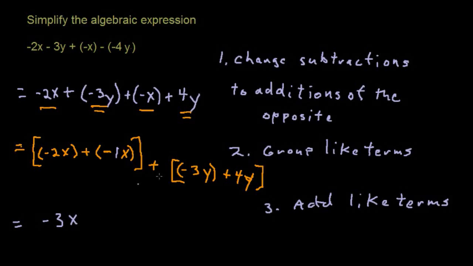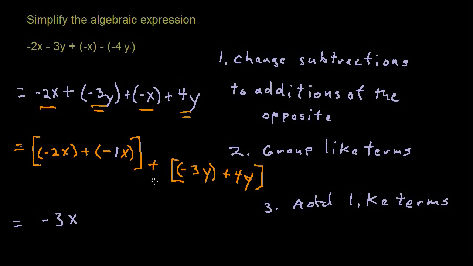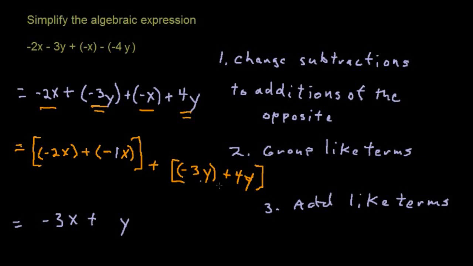For the y's, the coefficients are opposite, so we subtract the absolute values, which gives us 1, and keep the sign of the larger, which is the 4y, so we get positive 1y. That completes that problem.